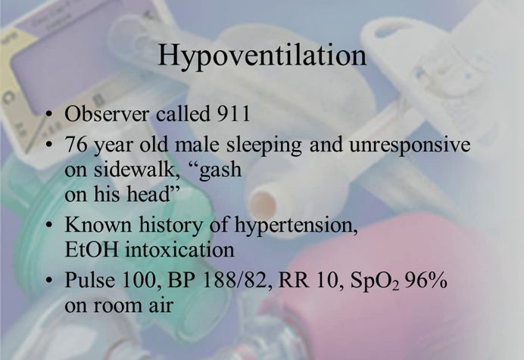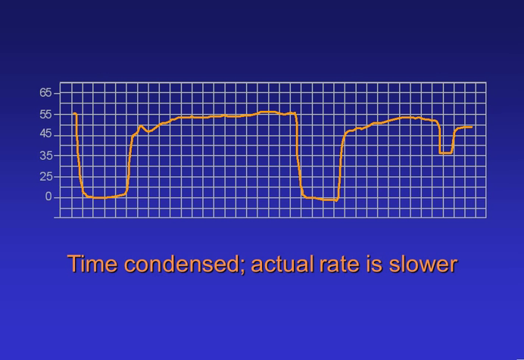He's got a known history of hypertension and alcohol intoxication. His pulse is 100. Blood pressure's up at 188/82. Respiratory rate is normal. SAT's in the crapper. It's 69% on room air. All right, and you can see it's just incomplete emptying. It just looks like a bad EKG.